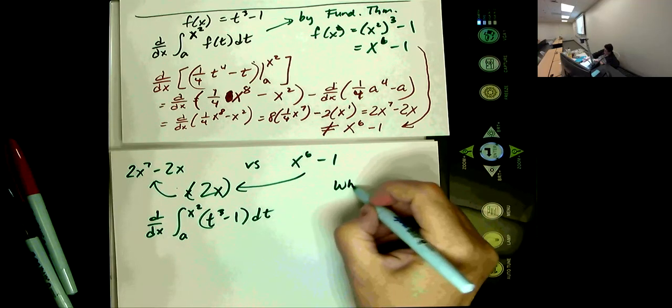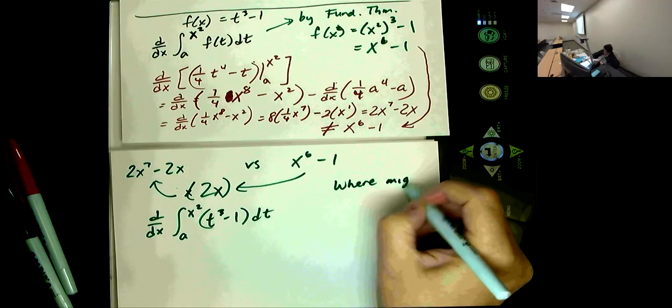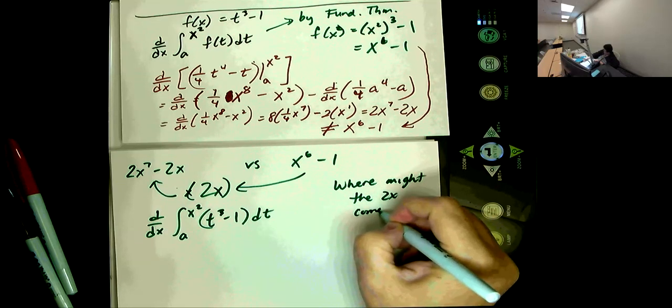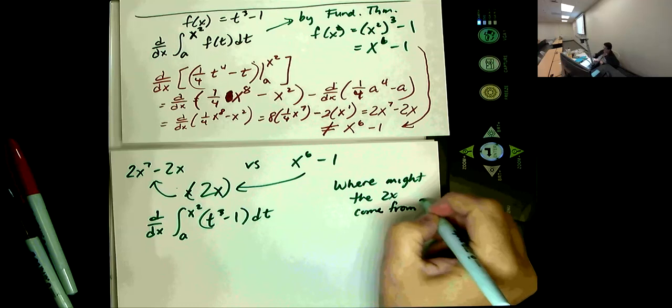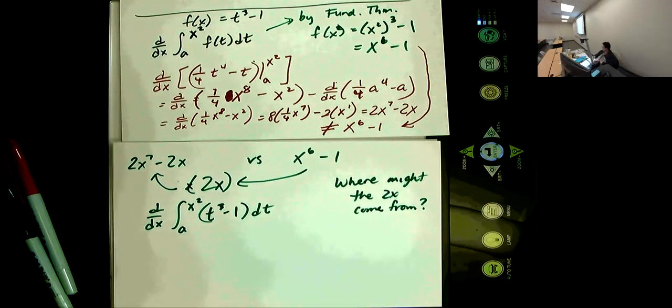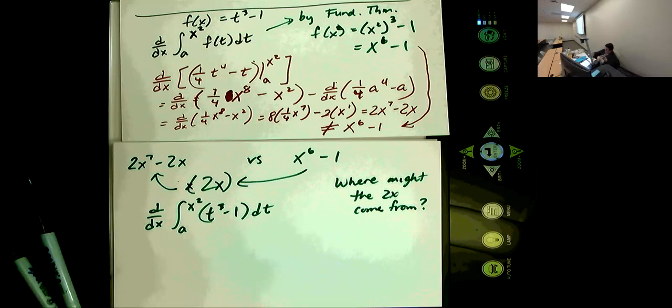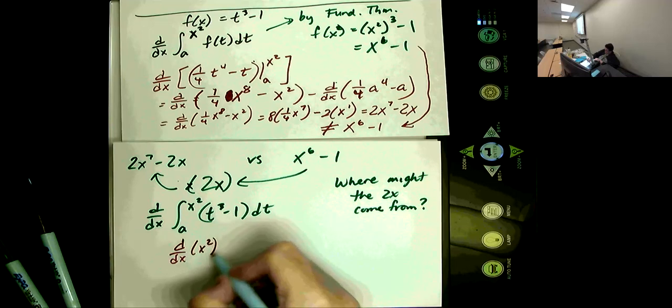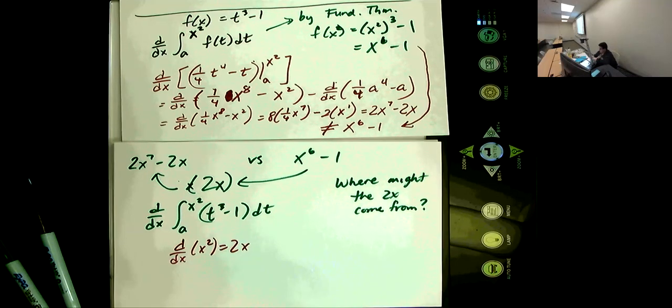Where might the 2x come from? The derivative of x squared. Good, Matthew. It was this.